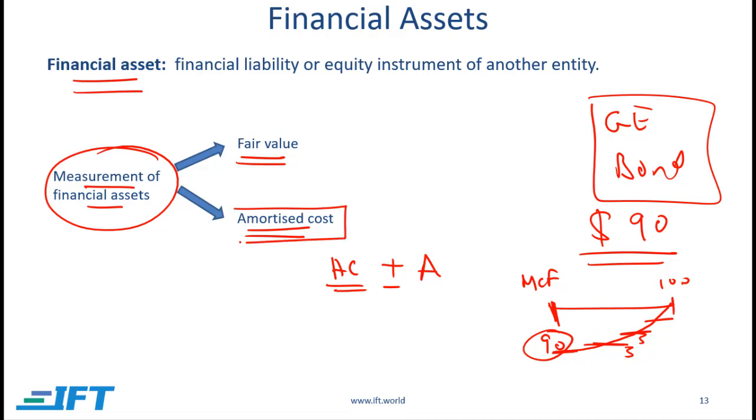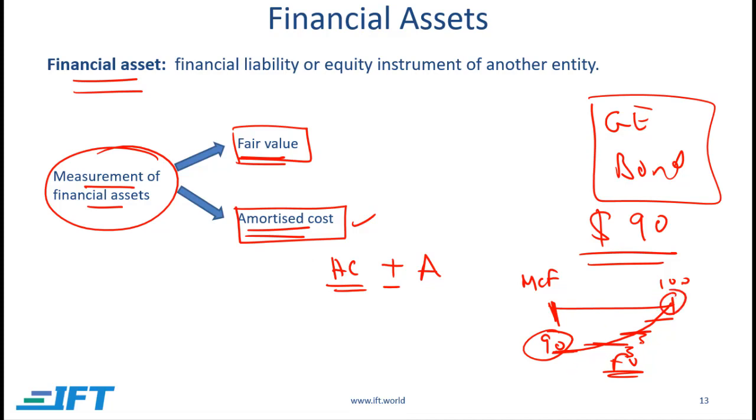So when do we use amortized cost and when do we use fair value? If Microsoft plans to hold the bond till maturity, then it uses amortized cost. The reason is the fair value or the market price doesn't really matter here because the bond will be held to maturity. Ultimately, Microsoft will get the par value.